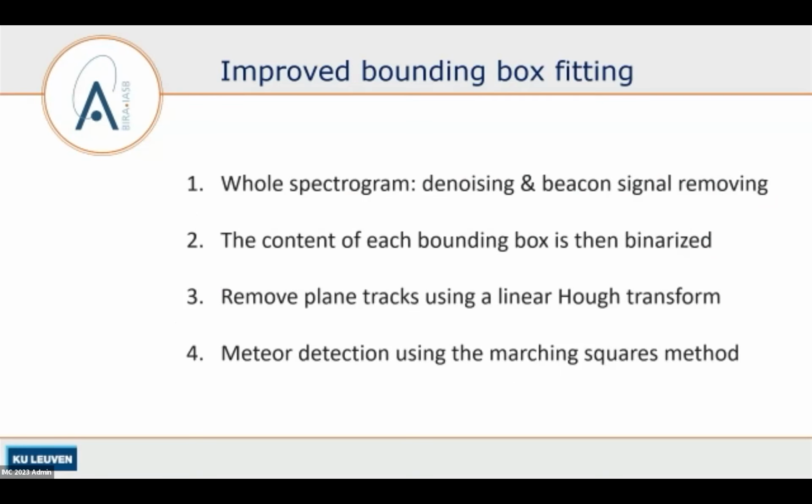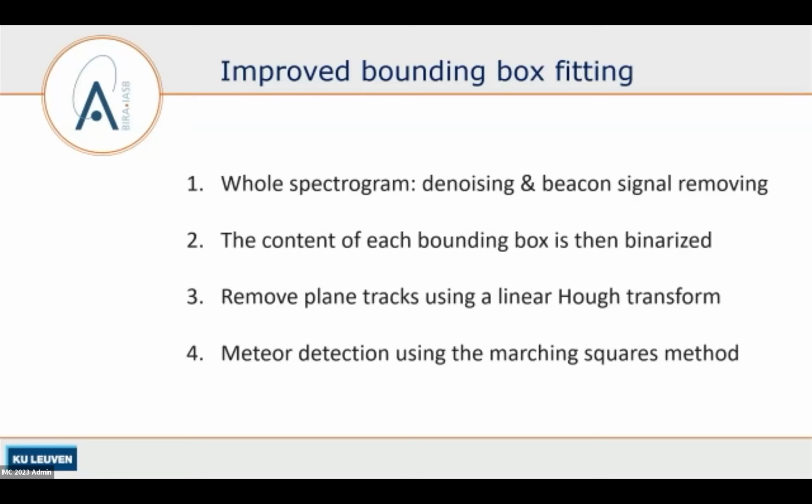So how did we solve this? It's a 4-step process. The first step is that on the whole spectrogram, we remove some of the noise and also the beacon signal. Then we look at each bounding box independently and binarize it, which means that instead of all the different colors, we only keep two. Black means nothing, and white means there is a signal there, so we have to choose some threshold.